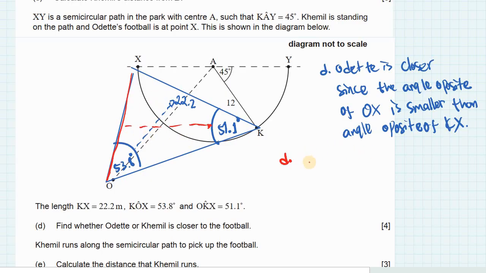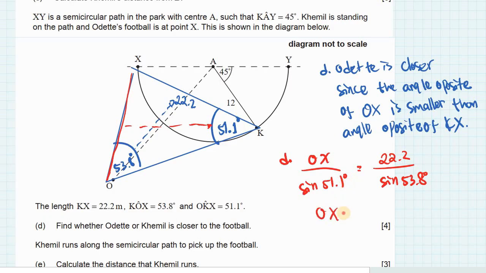So OX divided by sin 51.1 is equal to 22.2 divided by sin 53.8 degree.